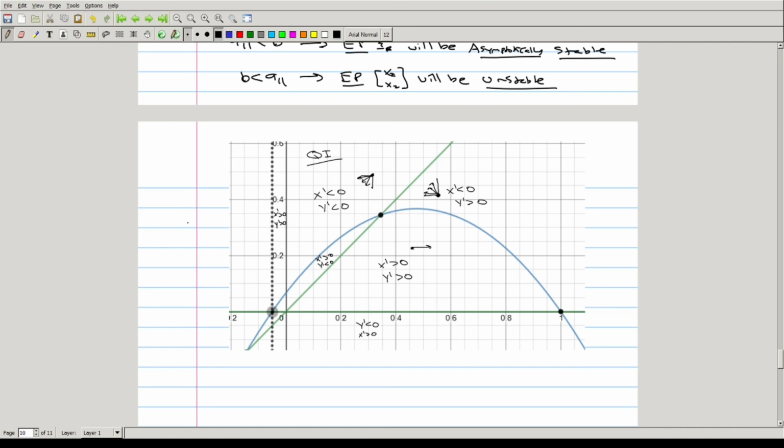X prime is positive in this region, and y prime is positive in this region, so the solution direction will be like this. And lastly, x prime is positive in this region, y prime is negative in this region. The solution direction will be like this. We can go through and construct a positively invariant region and directly show that this region surrounding this equilibrium point is in fact positively invariant.